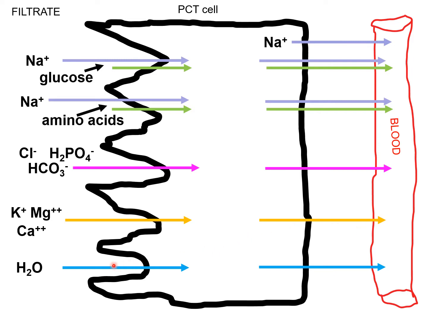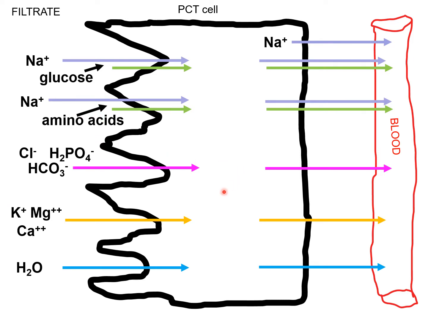So the only molecule that's still left in the filtrate in large amount is water. Water always flows by osmosis from a place of low solute to the place of high solute, because all these molecules here represent solutes.